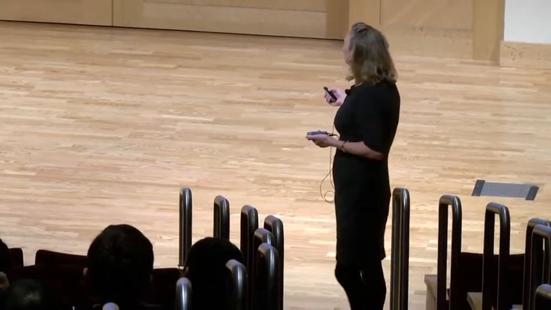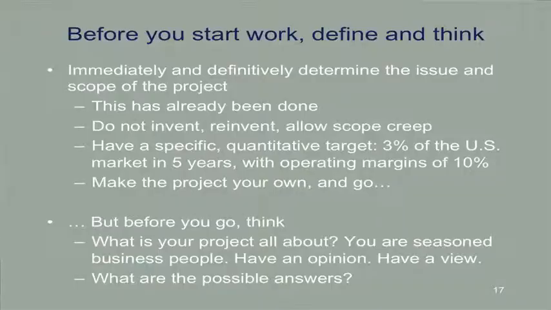If you said, I have a real problem with this part of the scope, this looks like it would take 10 months to do, maybe you would be able to change that scope. But we think it's already mostly been done. So you should assume that you know what the issue is and what the scope is. Don't invent and reinvent and allow scope creep.